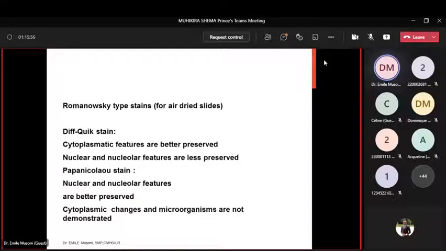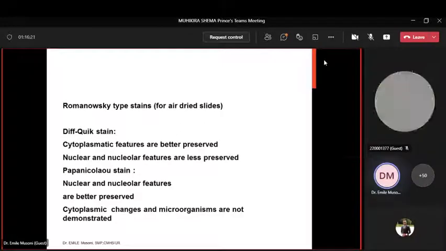Nuclear and nucleolar features are less preserved, meaning that in the case of Diff-Quik, you see the cytoplasm clearly, whereas in Papanicolaou stain, you see the nucleus and nucleolus clearly. But this depends on the choice of the staff. Some people prefer Diff-Quik, and some prefer Papanicolaou stain.